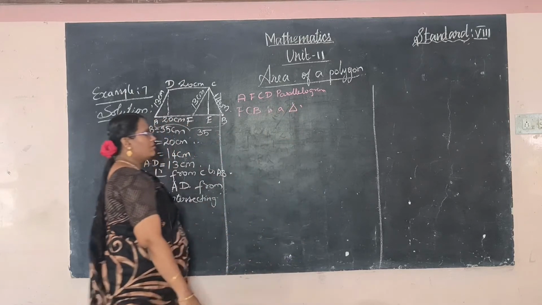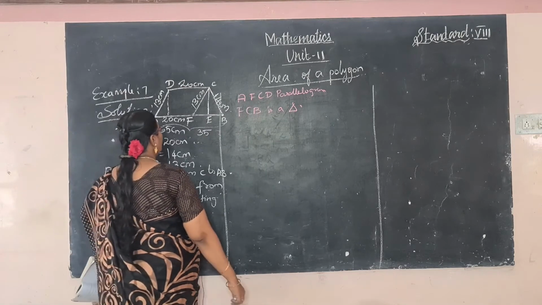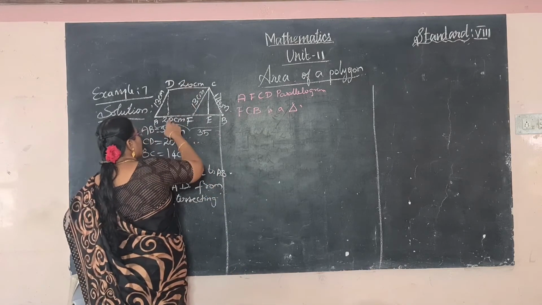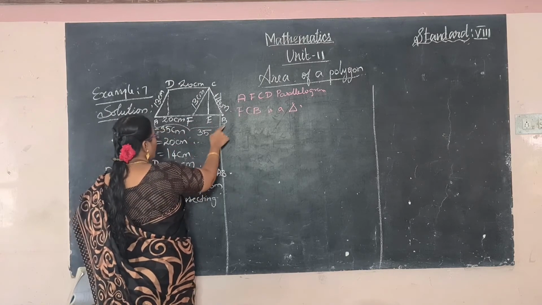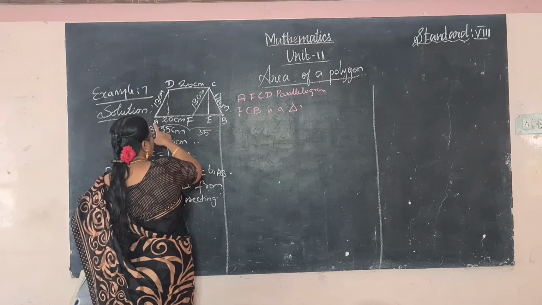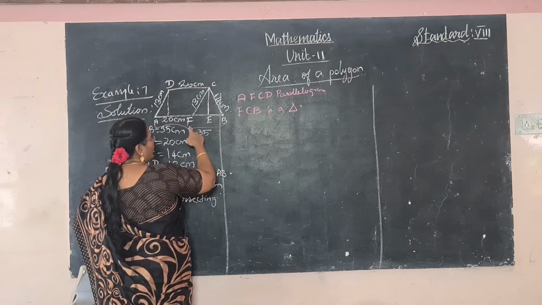Okay, so these two we have identified. From this data these two sides are equal. We need this value. How can we find it? You know the whole value AB and the AF value also, so subtracting we get the value of FB.